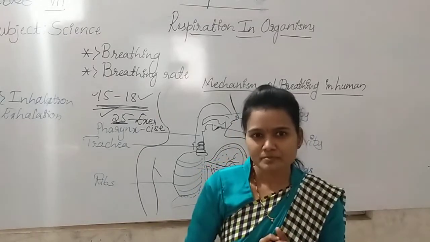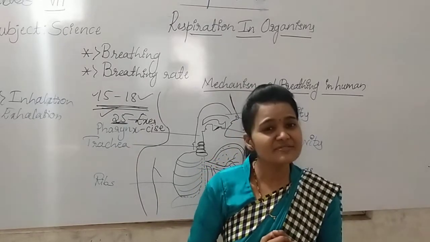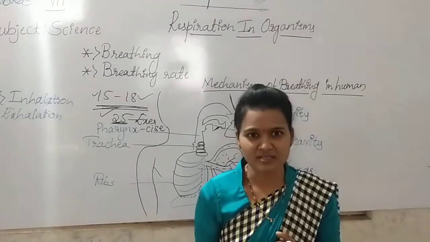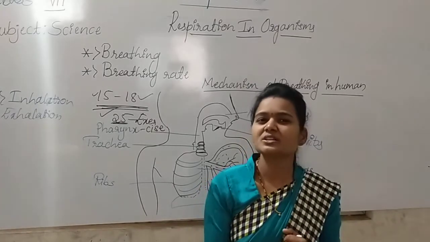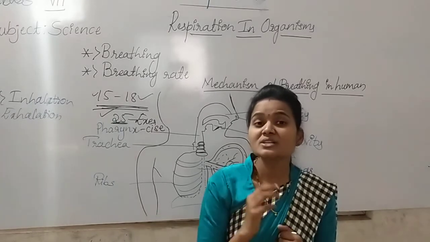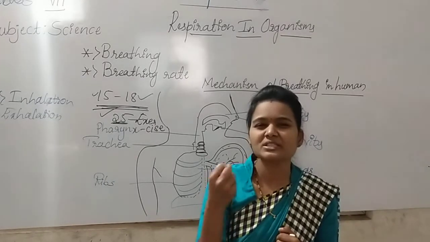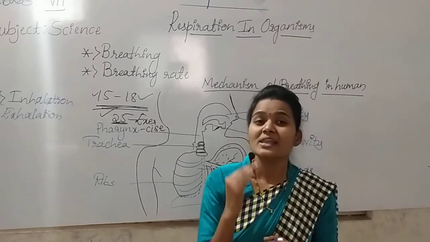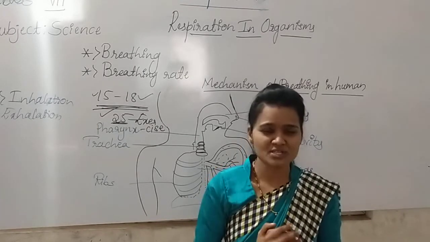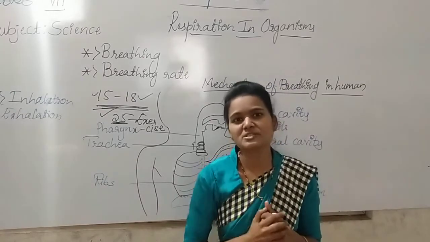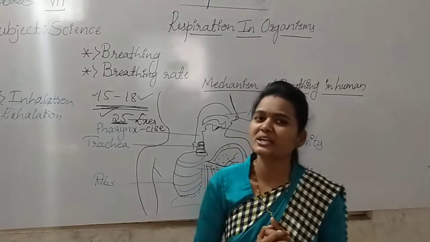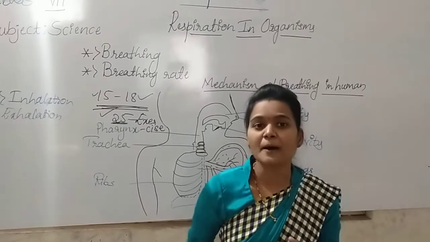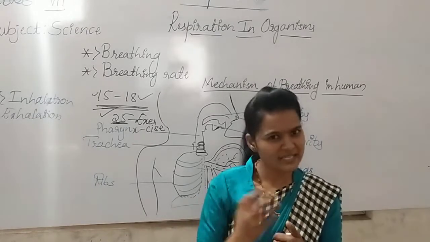What is the function of the hairs? They absorb the dirt particles, and the mucus absorbs the dust and all. Like that, the hairs and mucus present in our nose protect us from harmful dust particles.